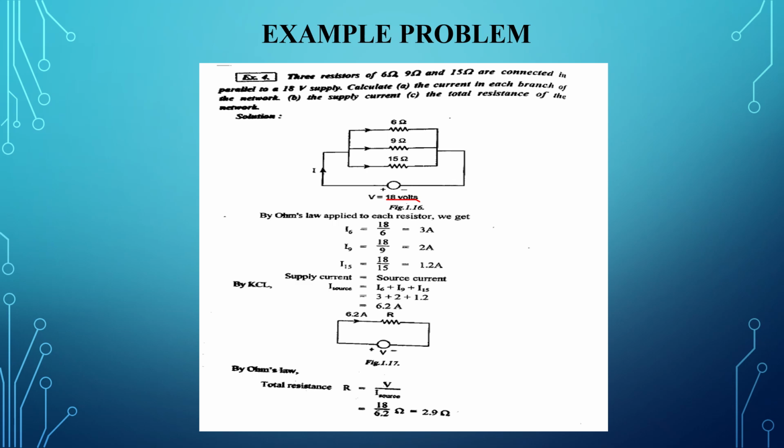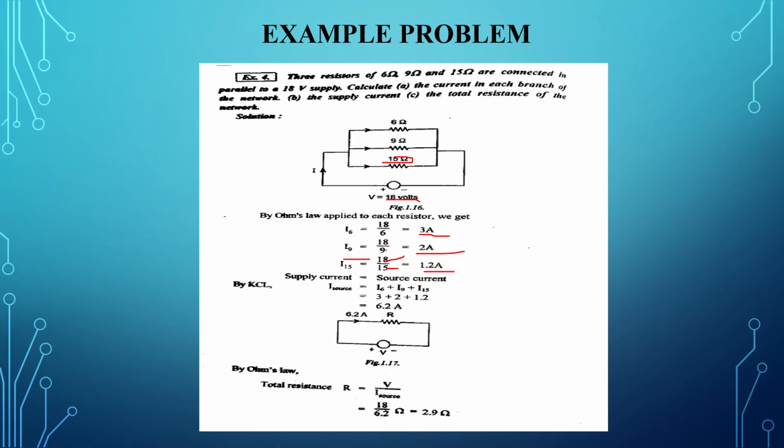So I6 equals 18 by 6, that is V is 18, resistance is 6, so the current obtained is 3 amps. Similarly for I9, voltage is 18, resistance is 9 ohm, and the current obtained is 2 amps. Similarly for 15 ohm, I15 is 18 by 15, voltage by resistance, and the current obtained is 1.2 amps.